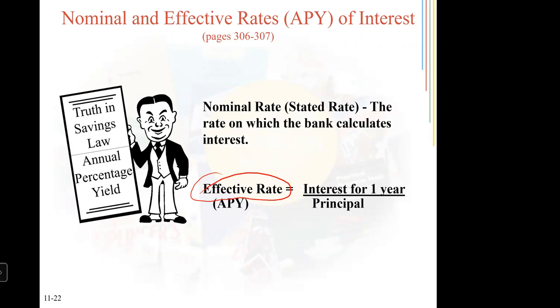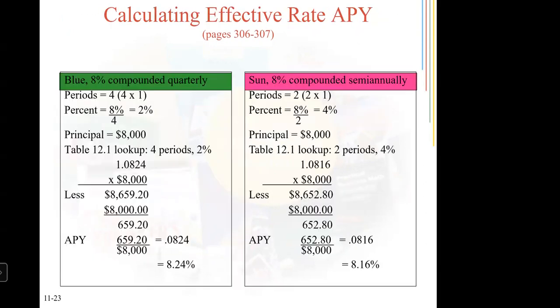All right, so your stated rate is also referred to as a nominal rate, and we're going to look at two examples here. We have two situations where we're using the same set of values. Two banks, one we refer to as Blue, another as Sun. They're compounding at different time periods though.